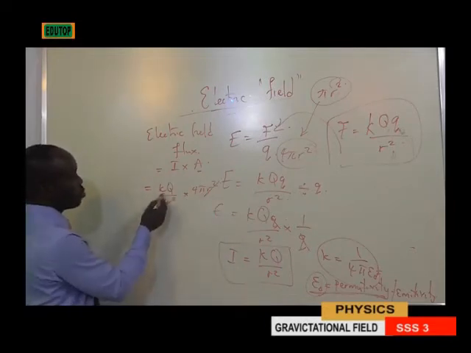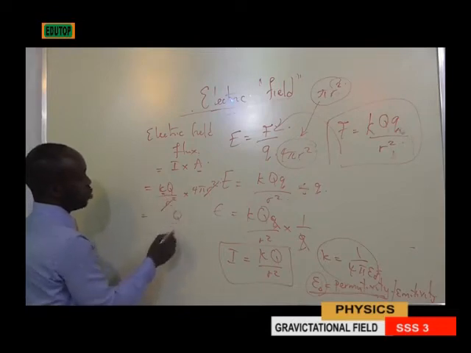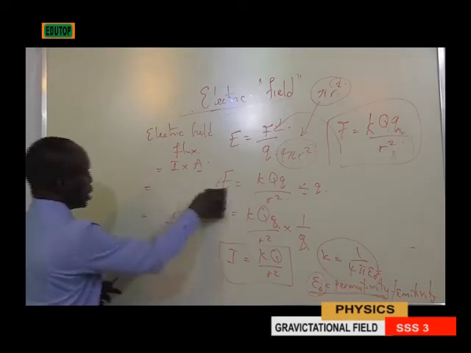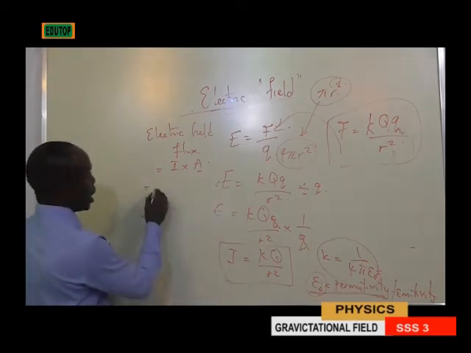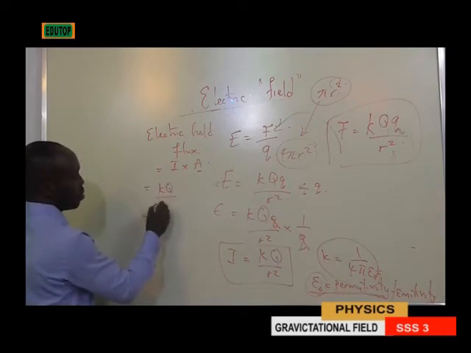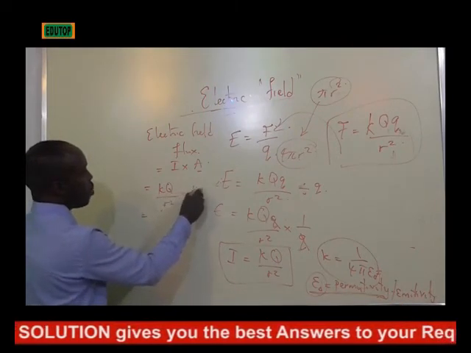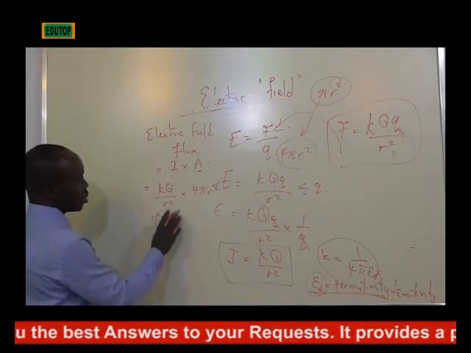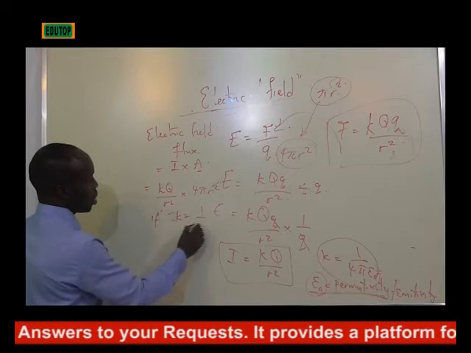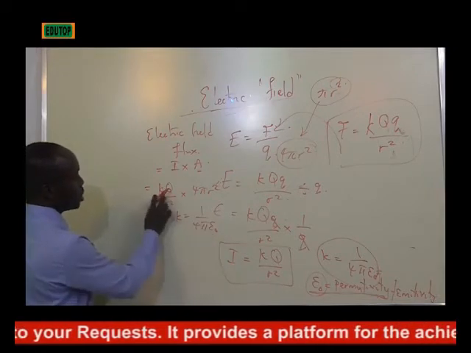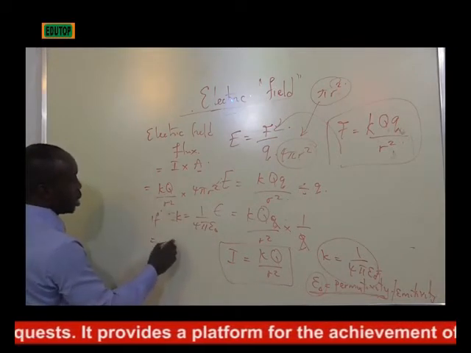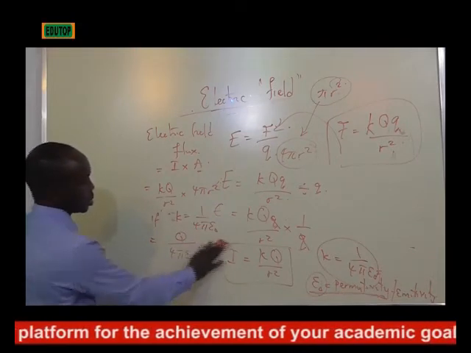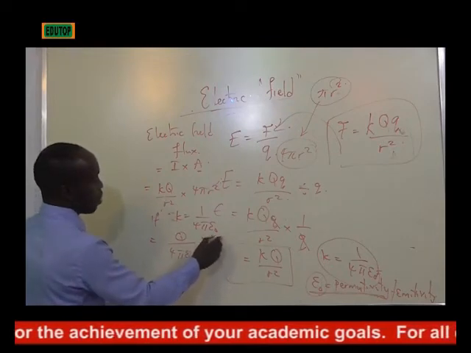Let's start again, using the actual formula, where our I is KQ all over R squared, times 4 pi R squared. Now if the value of K is 1 over 4 pi E naught, you input this in here and you have Q all over 4 pi E naught R squared, times 4 pi R squared.